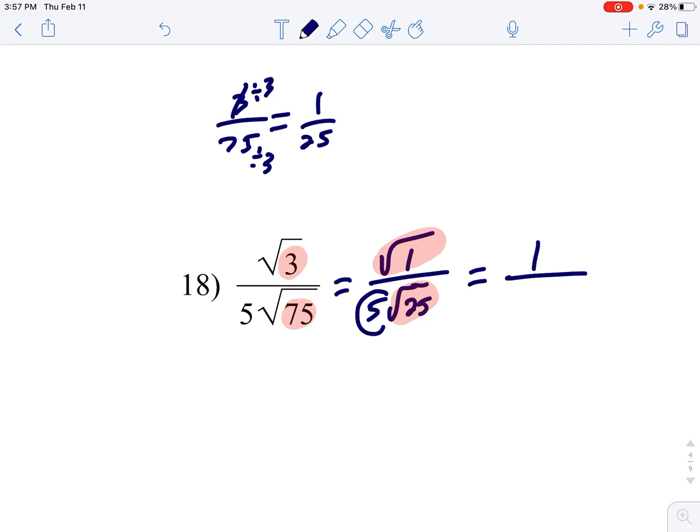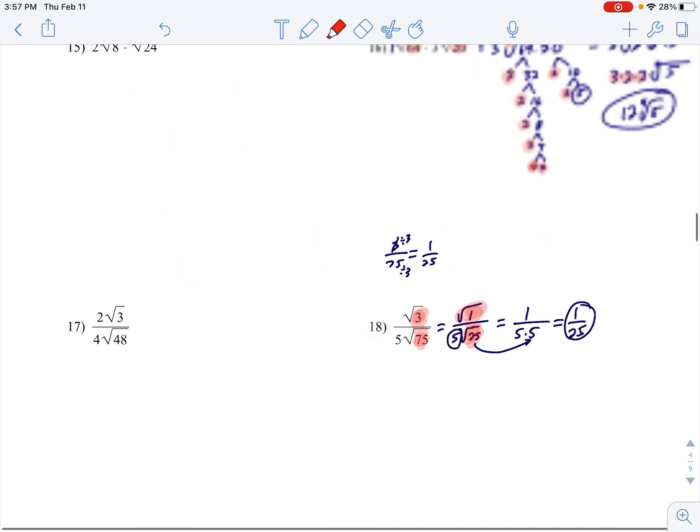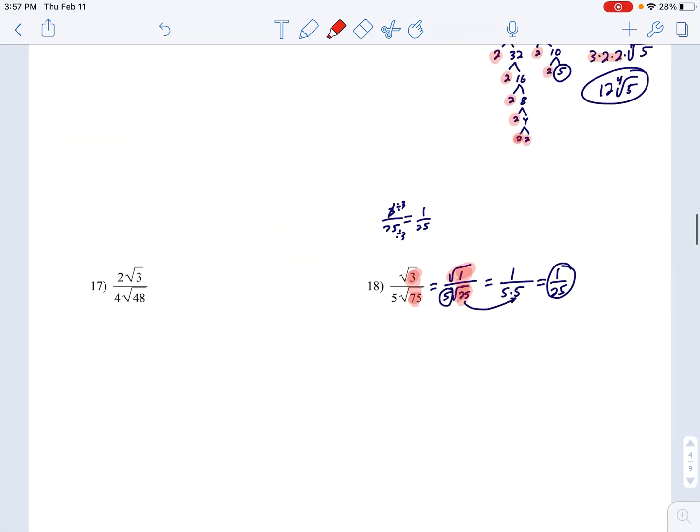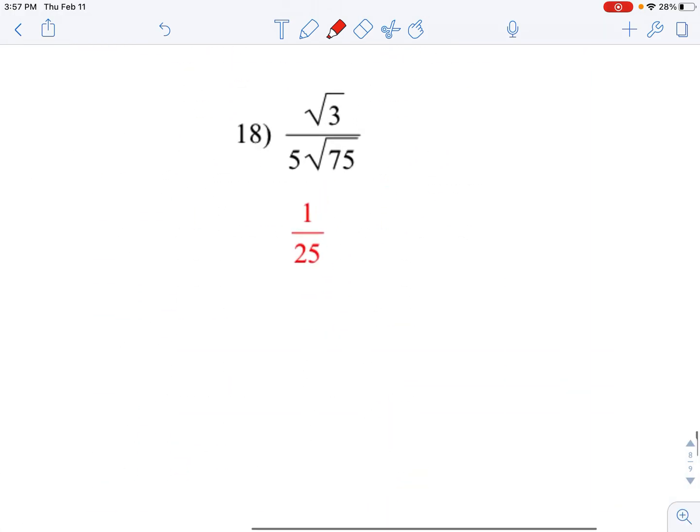Now I've got to bring this 5 over, and then that turns into a 5, so I get 1 over 25. So I reduced the fraction first, then I did the square roots, and I ended up with nice whole numbers, 1 and 25. Let me check number 18 and see that I worked it out right, and there it is.